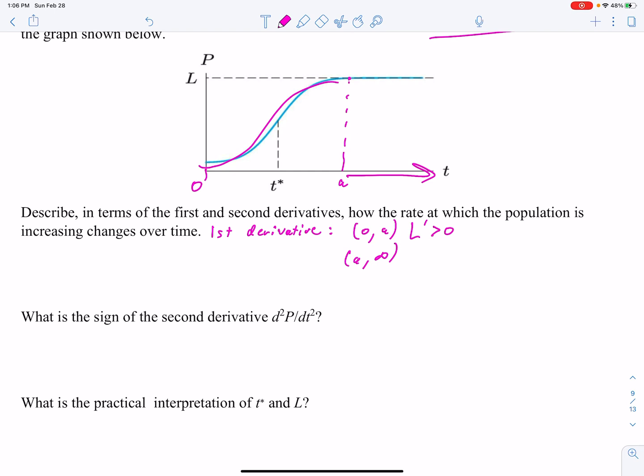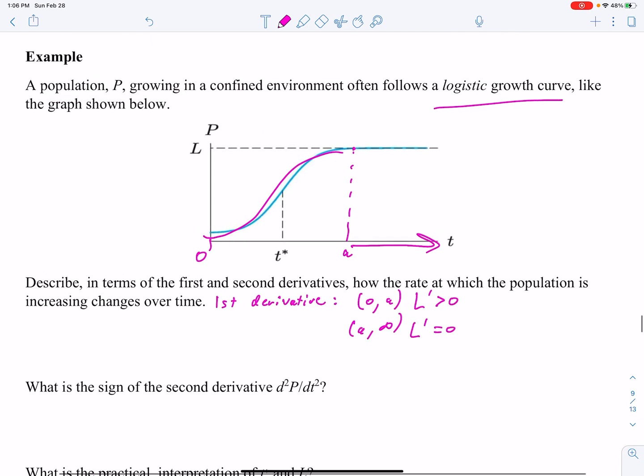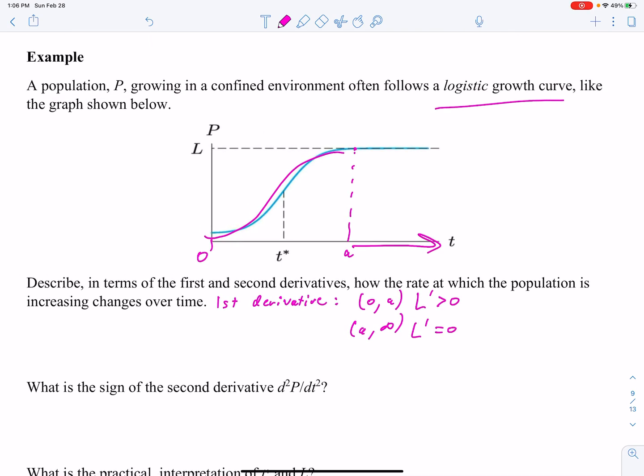L prime equals 0 because it's flatlining. So population is growing from 0 to A, but remains constant from A to infinity. That's what the first derivative tells us.